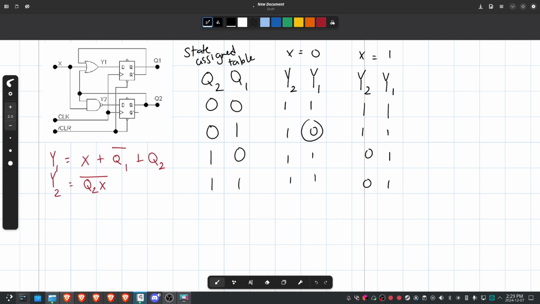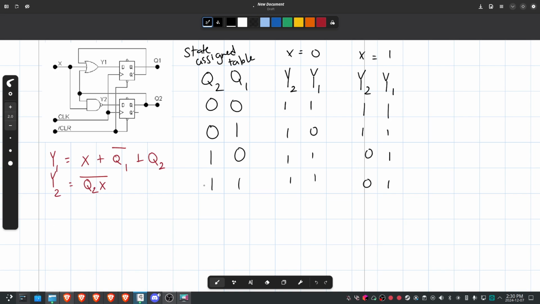And once again, for each one of these, for example, X0, Q2 0, and Q1 is 1. Did I do this wrong? Oopsie. No, I'm right. So Q2 is 0, Q1 is 1, and X is 0. That's going to be 0 plus 0 plus 0. You get 0, right?